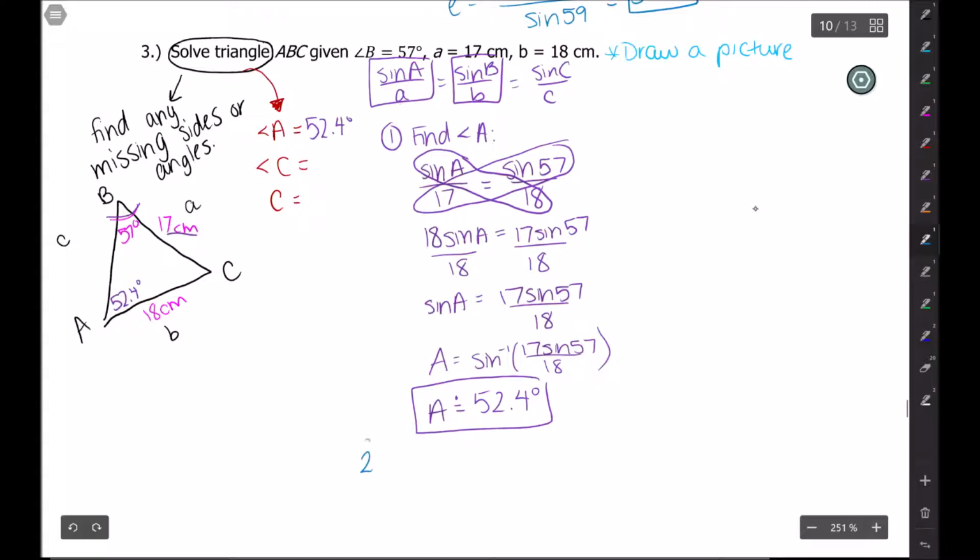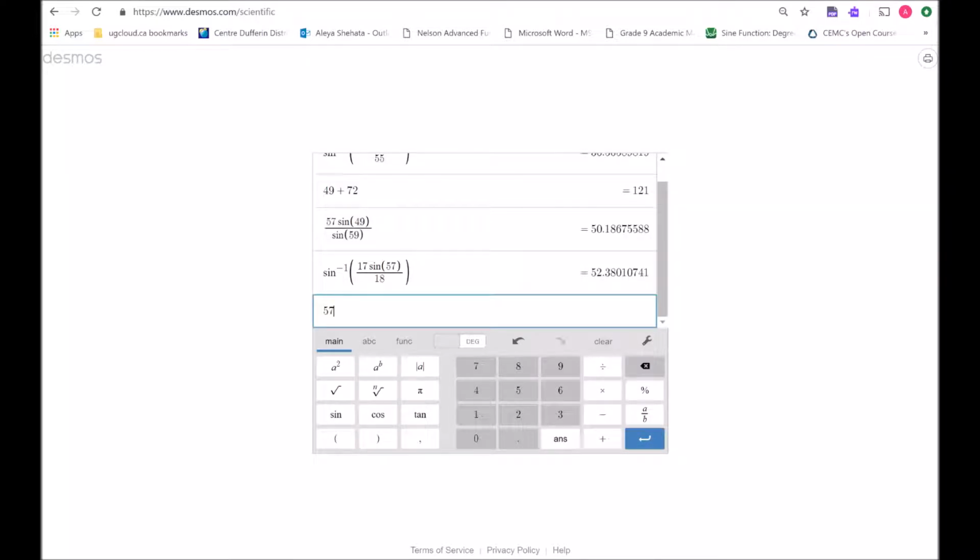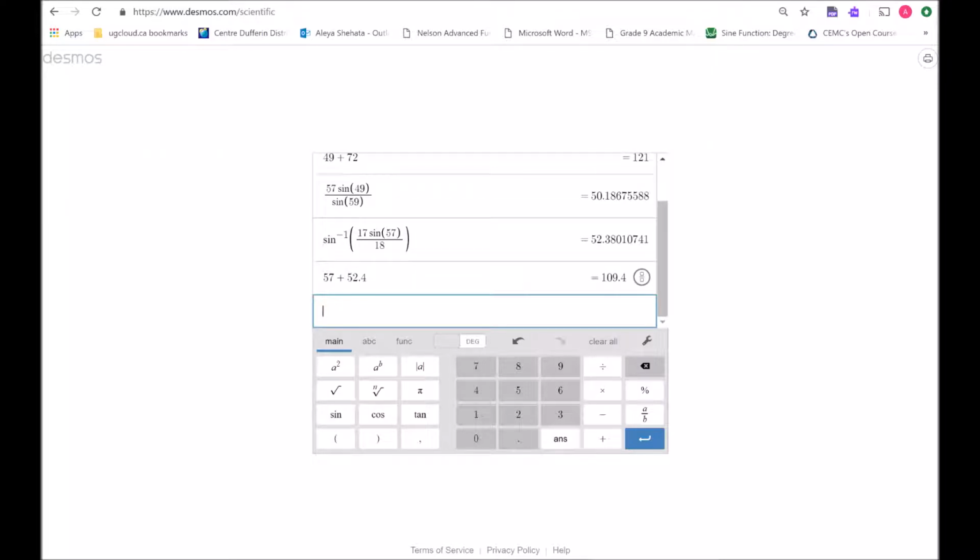So step 2 is to find angle C. Again, it all adds up to 180, so it's 180 minus 57 plus 52.4. So C equals 180 minus, let's add those two together: 57 plus 52.4, and I get 109.4.